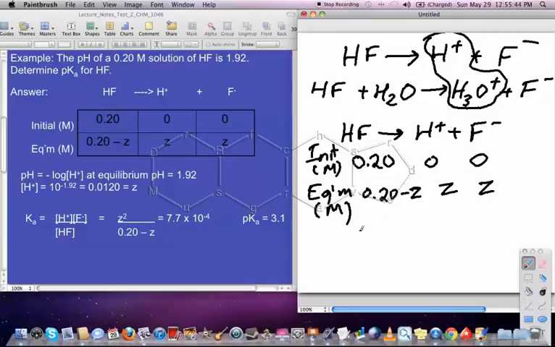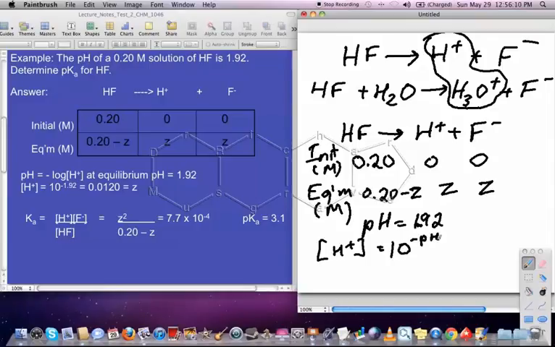Now the way we do that is we have the pH, which is 1.92, and we know that we can calculate the concentration of H plus by finding 10 to the negative pH.